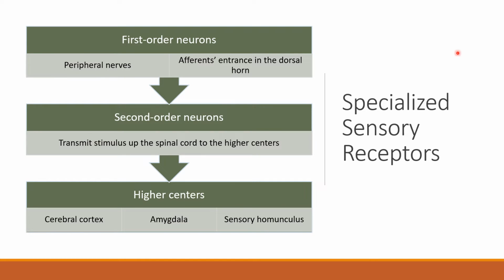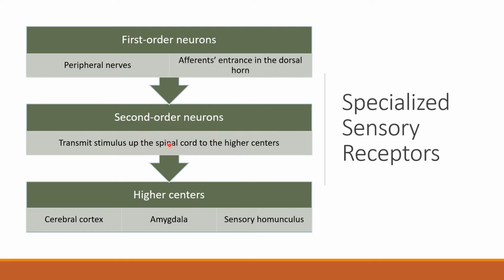So as you saw in the previous video, we do classify these sensory receptors based on where they are in the pathway. First order neurons are going to be peripheral nerves. They are afferent, and they enter on the dorsal aspect in the dorsal horn there.